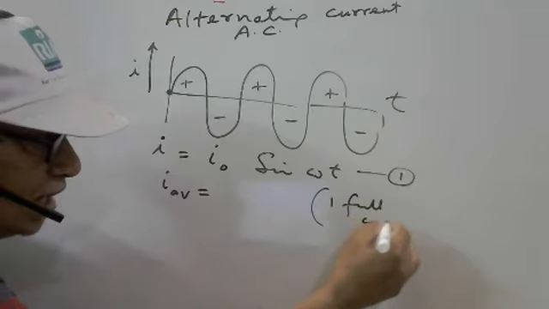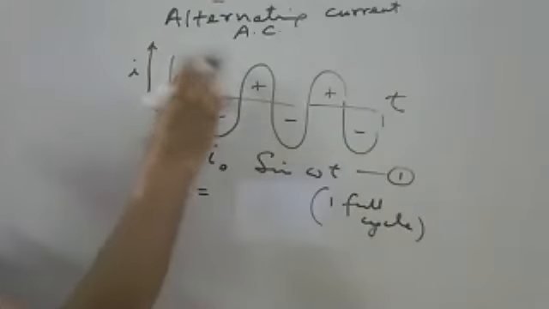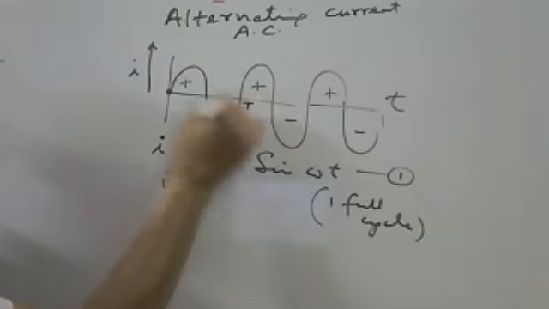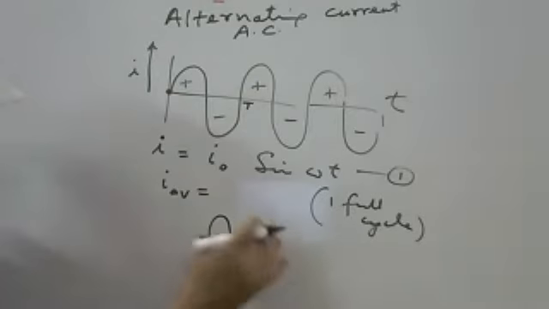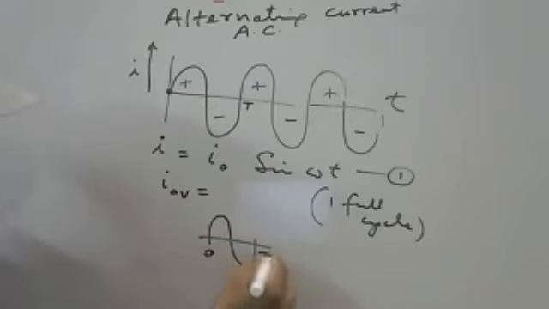Because positive and negative, so you add it. This is the one cycle, 0 to T. This is the time period.